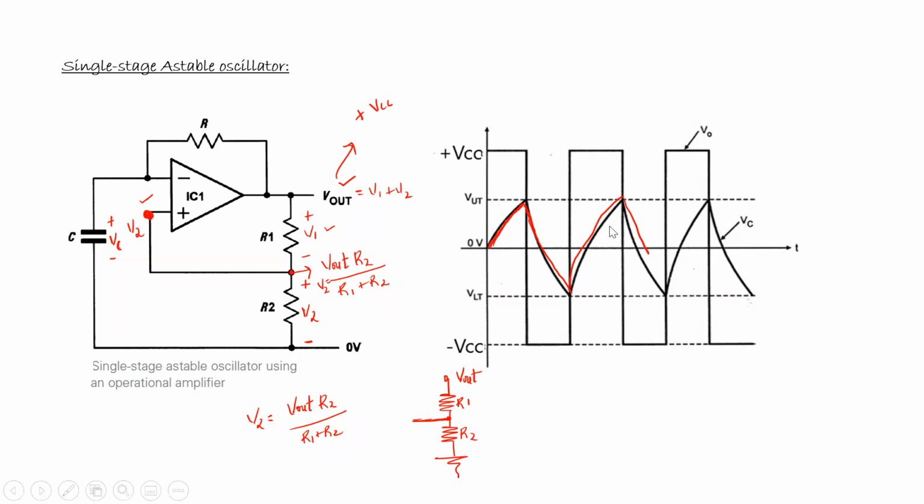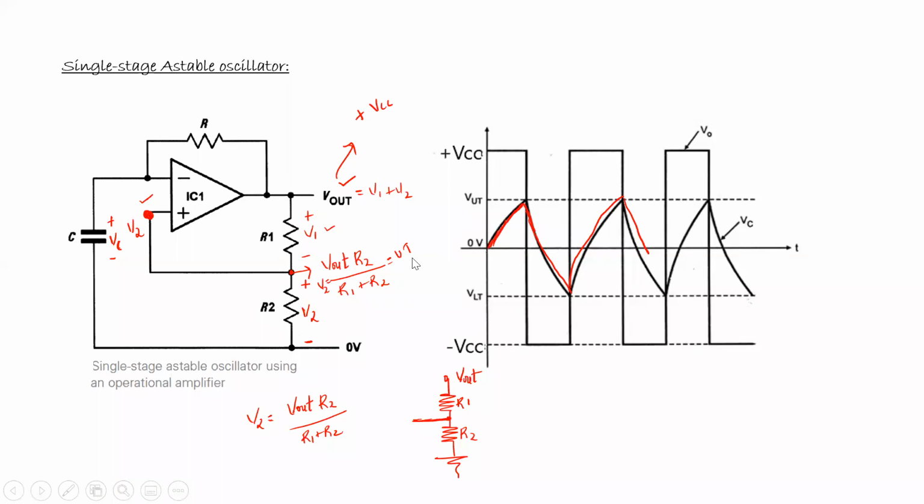When the voltage across the capacitor is greater than or less than V2, we can decide. So it just goes like this. And what is V2? V2 is this, and we shall call this the upper threshold voltage.